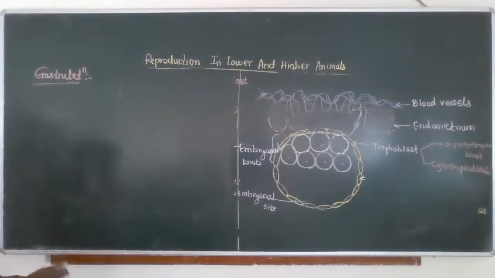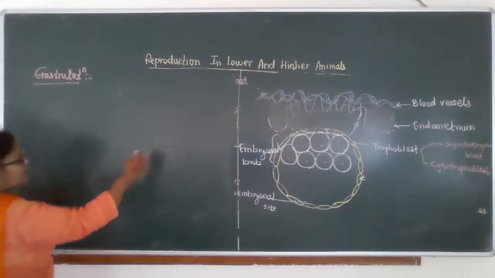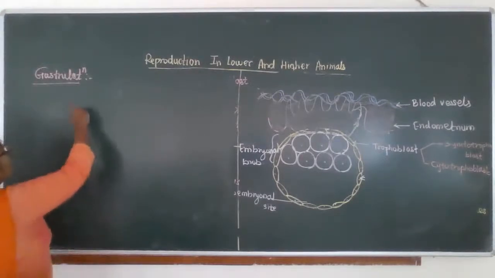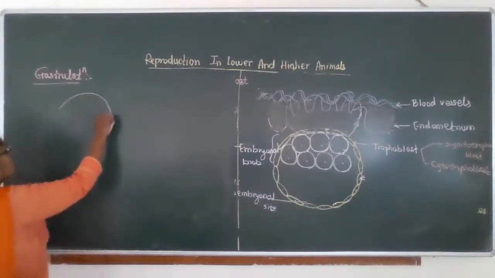So during gastrulation, what happened? The embryonal disc, as you know.